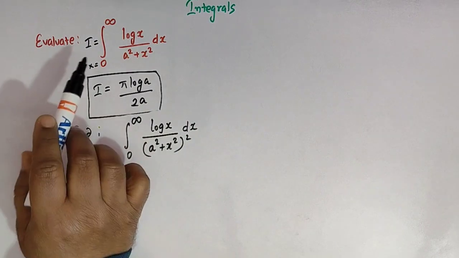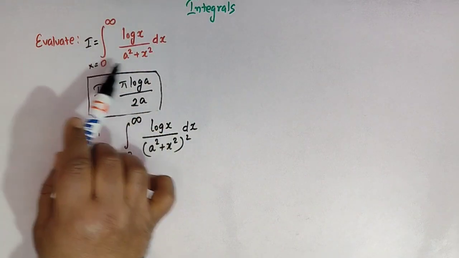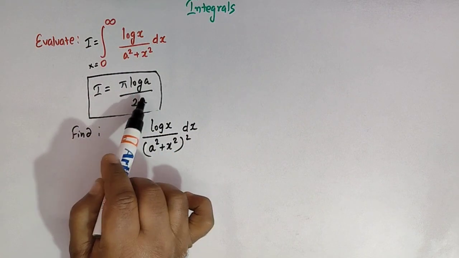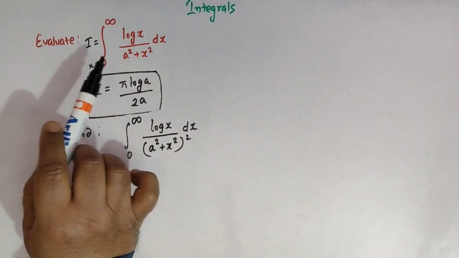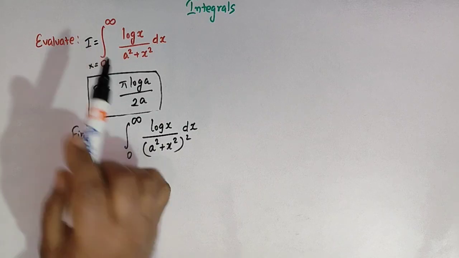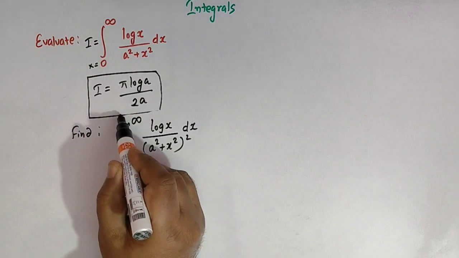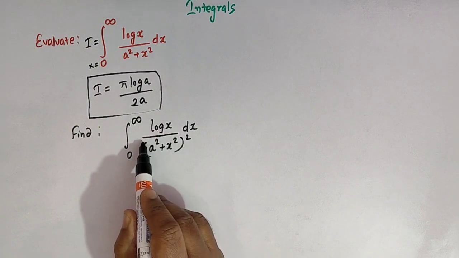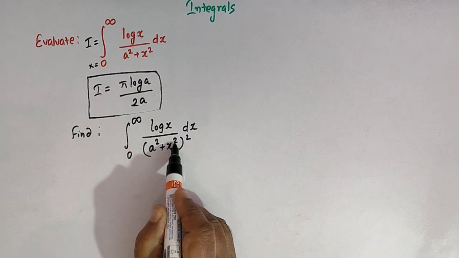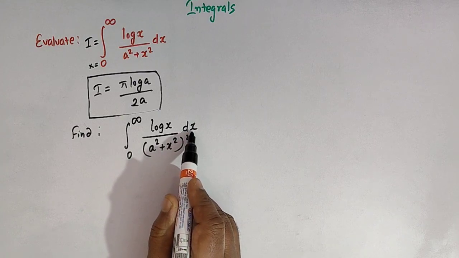See, we have just calculated the value of this integral as pi log a over 2a, right? And now let us apply this integral to calculate the value of the integral from 0 to infinity of log of x divided by a square plus x square whole square dx, right?